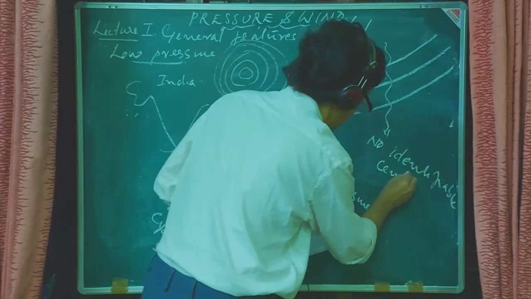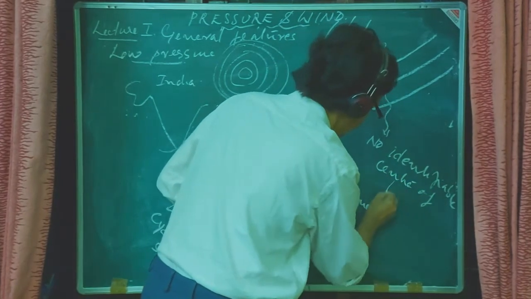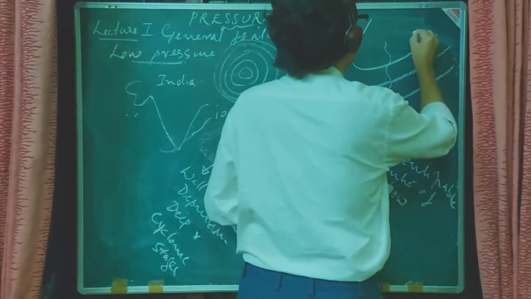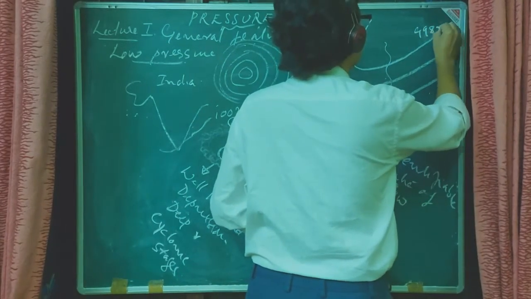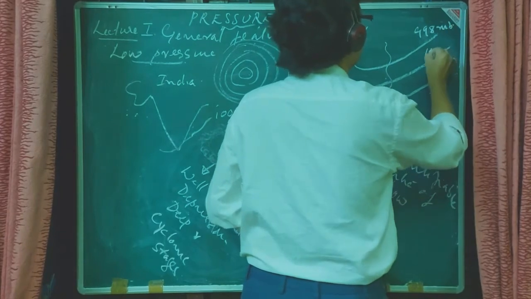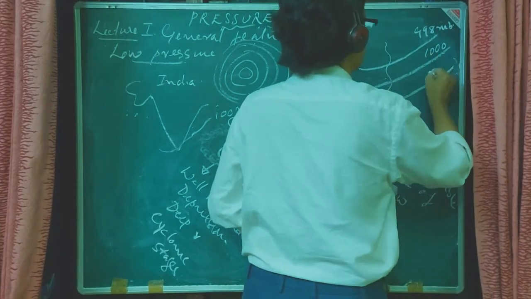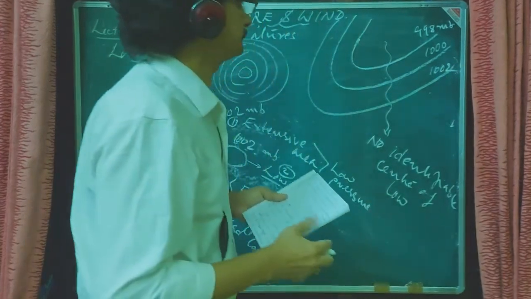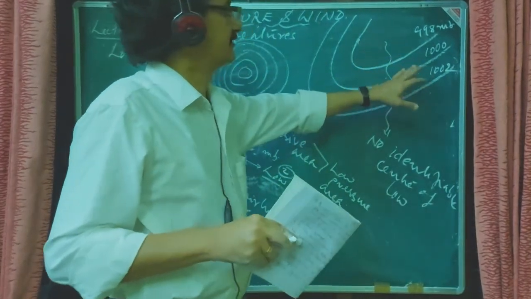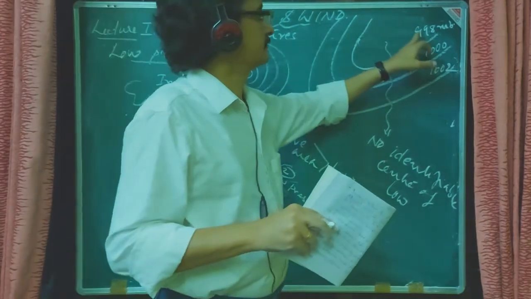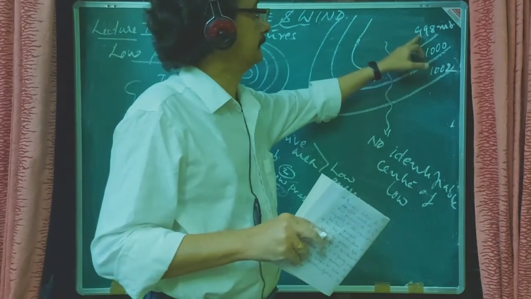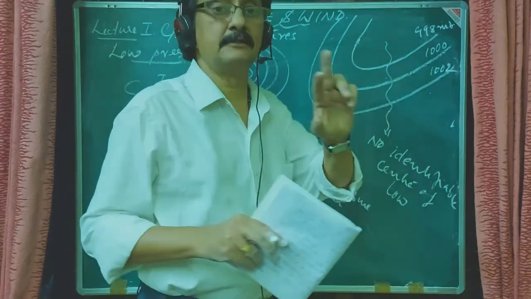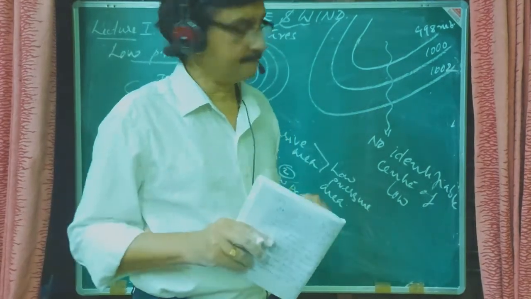Here I am marking, let it be 998 millibar, this 1000, and this 1002. Generally in the tropics, the difference of pressure from isobar to isobar should be 2 millibar.